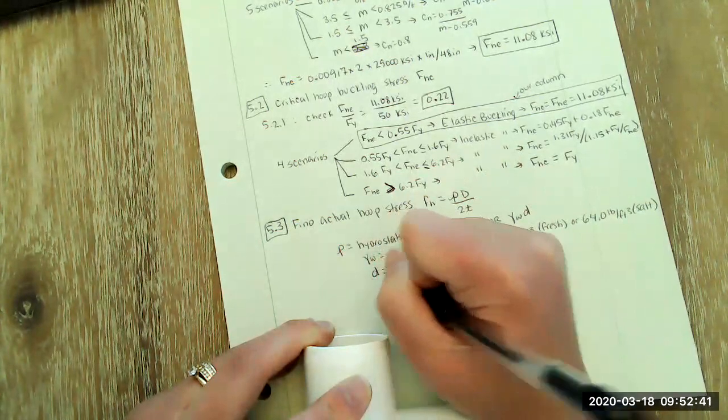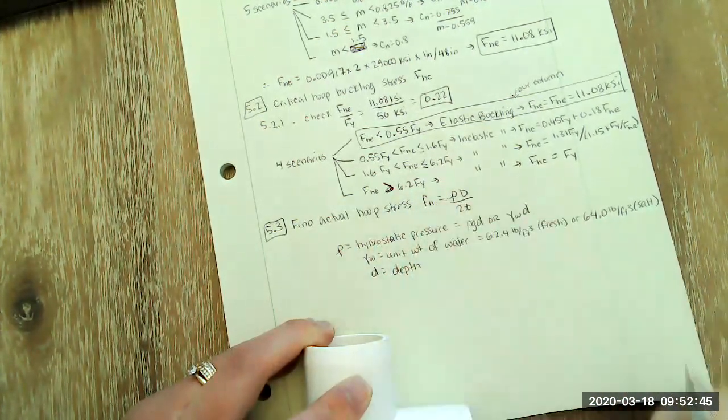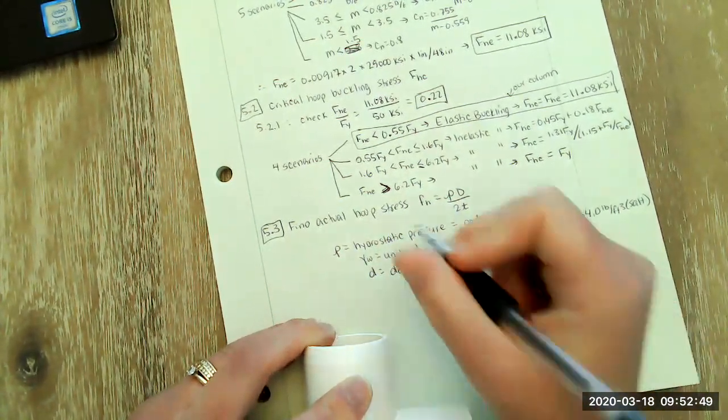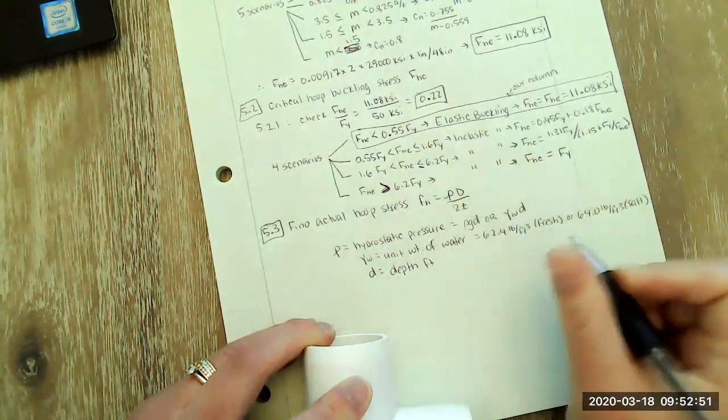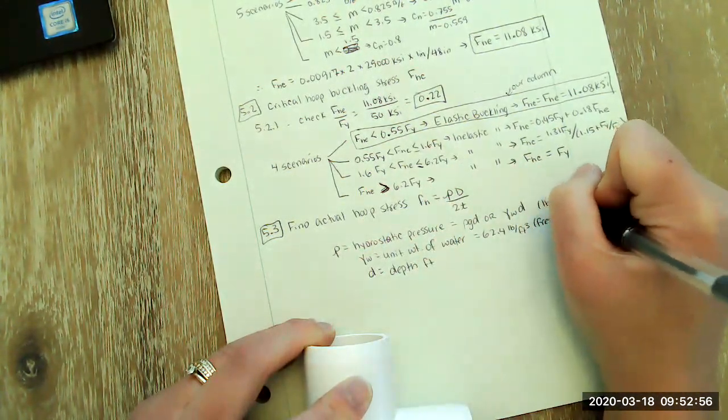And D is the same D from waves, that's your depth. If this is in pounds per foot cubed, this should be in feet, and then our pressure would be in pounds per foot squared.